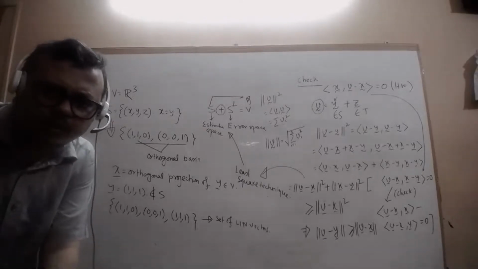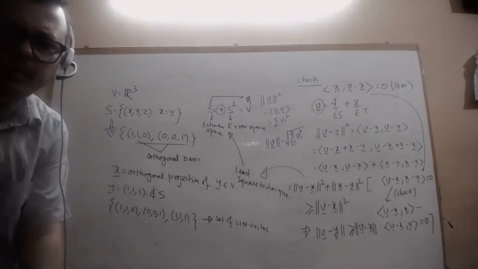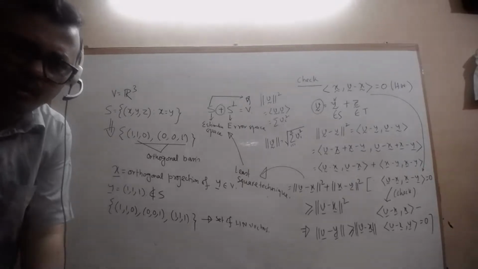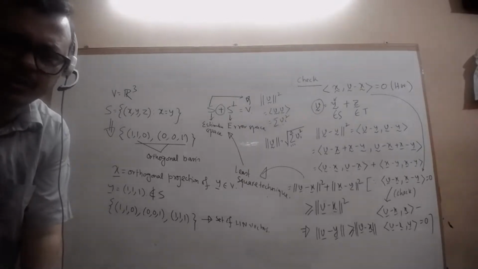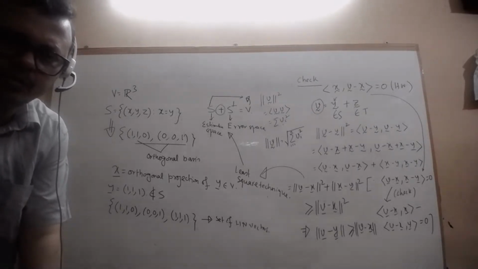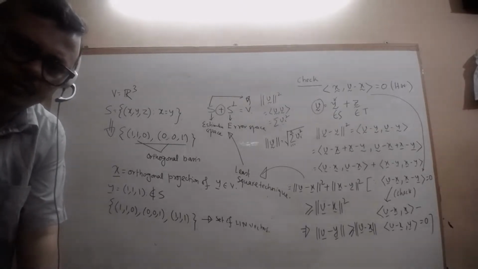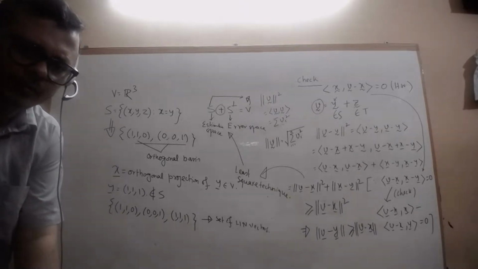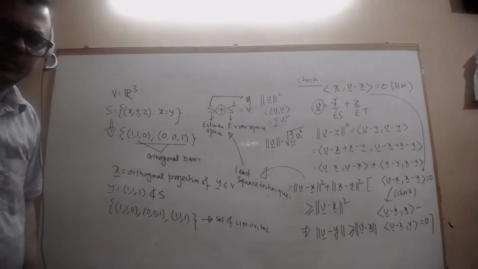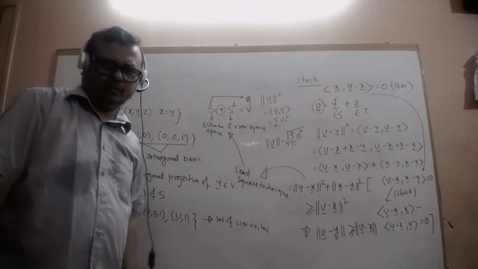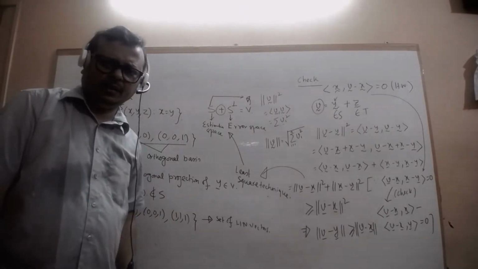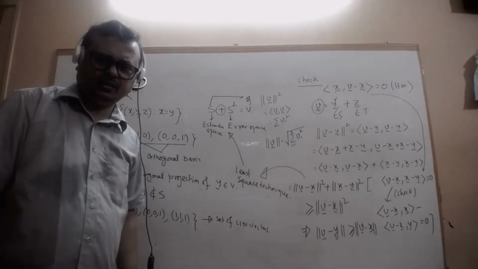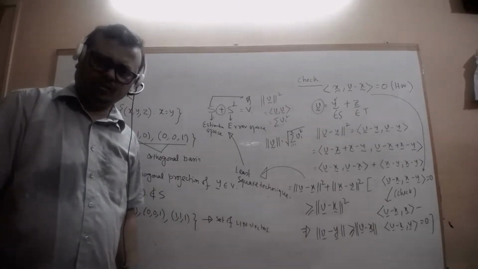Degrees of freedom is nothing but the dimension of your estimation space. Clear, Ankul? The error space is nothing but the orthocomplementary space of the estimation space.